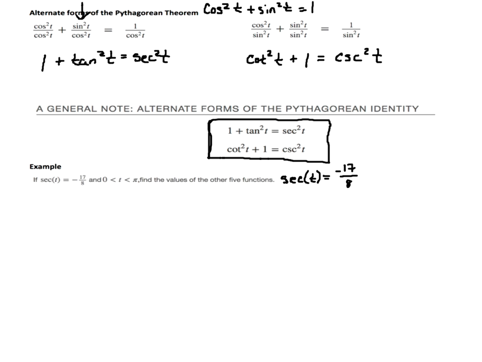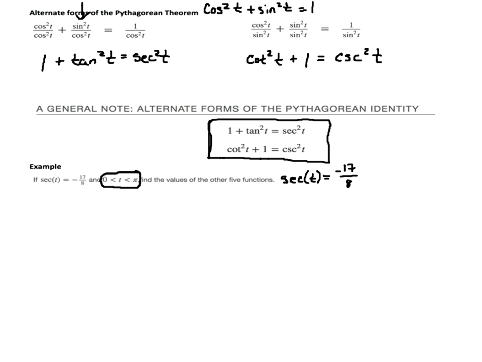And we're told that angle t lives in either quadrant 1 or quadrant 2 because it lives between 0 and pi, which we know pi is that 180-degree angle. So between 0 and 180 degrees, the only 2 quadrants that you move through are 1 and 2.